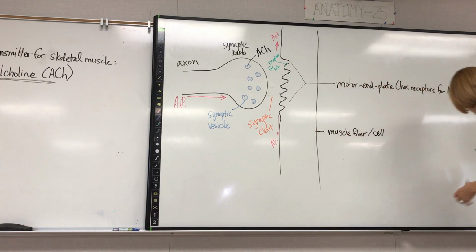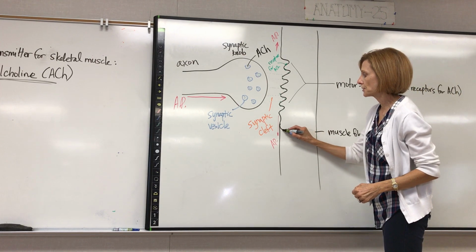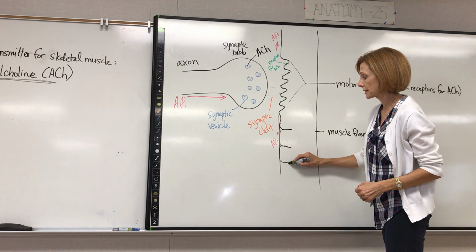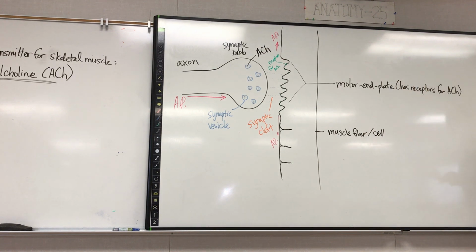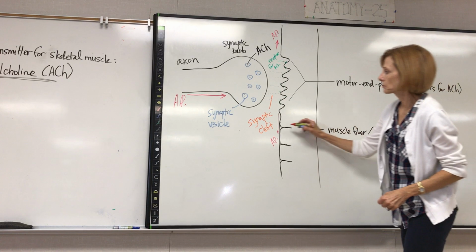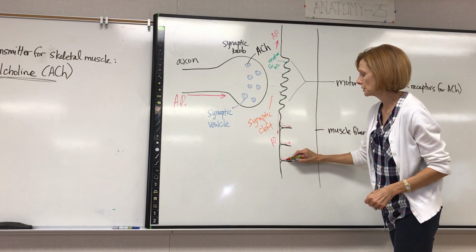And you know that we have T-tubules that are continuous with the sarcolemma, right? They come down inside the muscle cell. They also carry the action potential down inside the muscle cell. So you could add some T-tubules if you wanted to, and you can put your action potential going down the T-tubules.